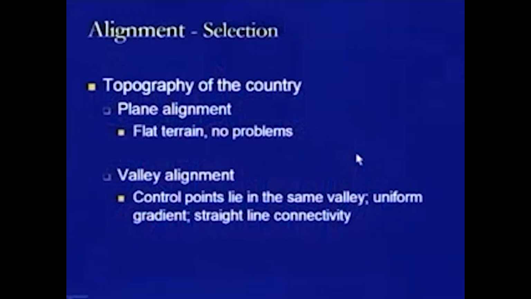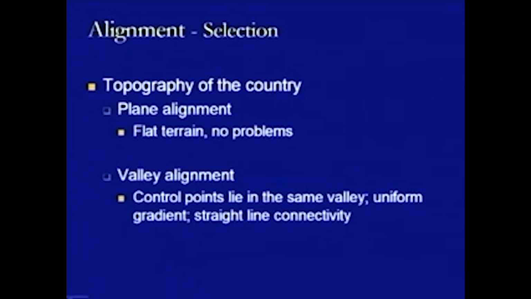Then another important aspect which needs consideration is the topography of the country. Topography of the country means the amount of undulations through which an alignment has to pass. On the basis of those undulations, there may be different types of alignment conditions.